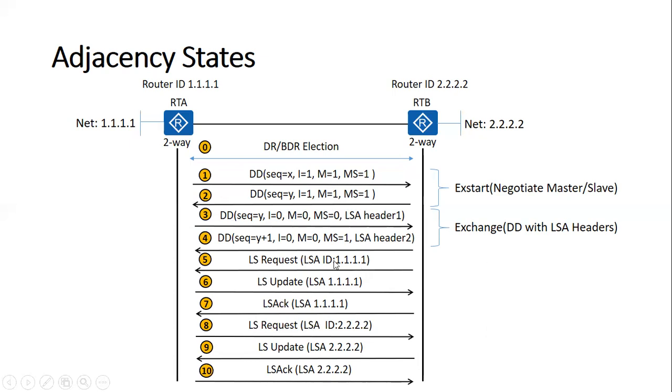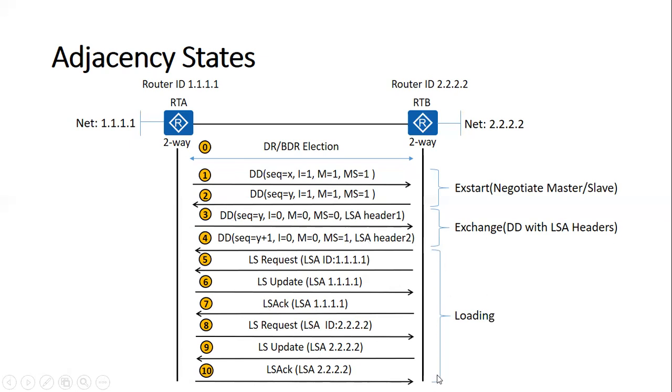This process of sending the link state requests, getting an update, and sending an acknowledgement, when all of them are completed, all the link states for all the DDs we had received with all the headers, if you have got all the information, all that process is called loading. You will do all that for all the networks that are missing. So all that process is called loading.